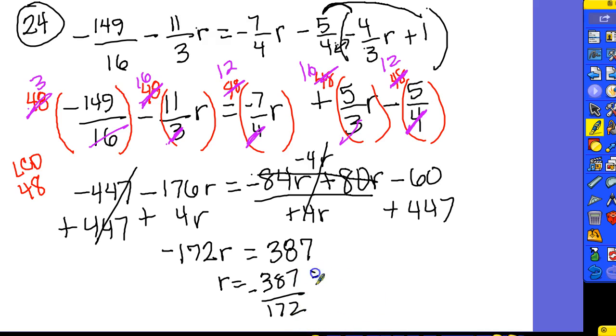The final answer: we'll just divide by 43. 43 goes into both of them. How many 43s are in 387? A lot. 9. And this is negative divided by positive, so we're going to say negative 9 over 4. Solution. I have the answer key. That's how I got that.